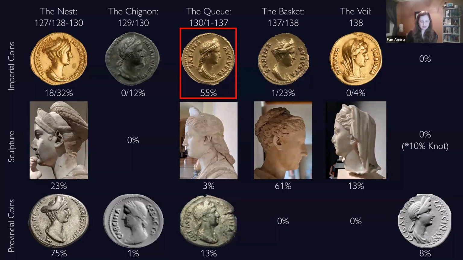So this is just a sequential chronology, and they're roughly in proportion to how long they appeared. Therefore, we have the one in the red box there, which is our longest serving type, and therefore also our most plentiful type, in use for about 6 of the 10 years of Sabina's coin production.